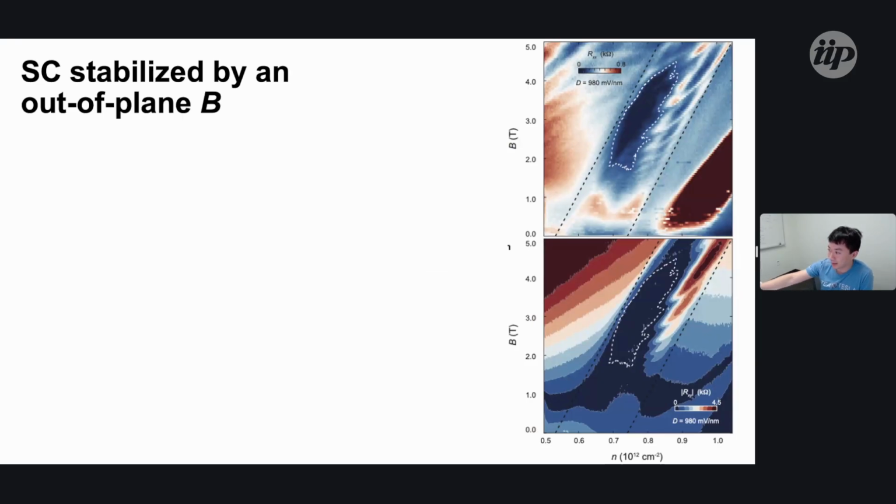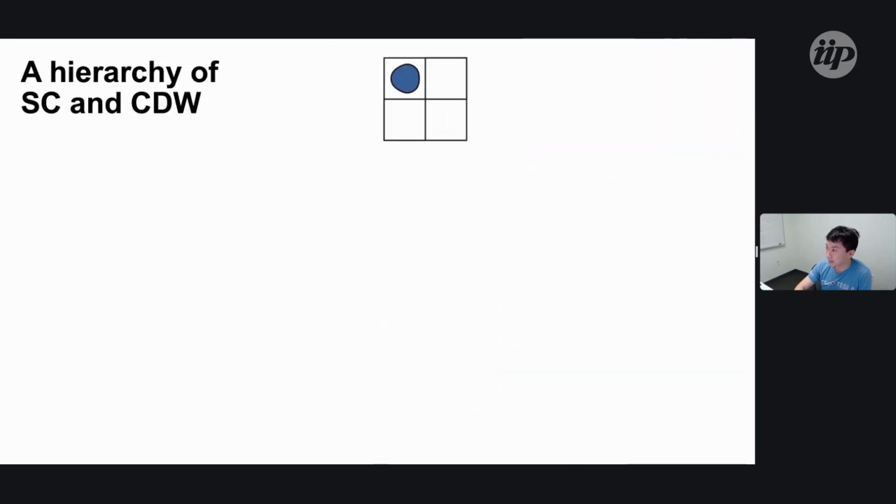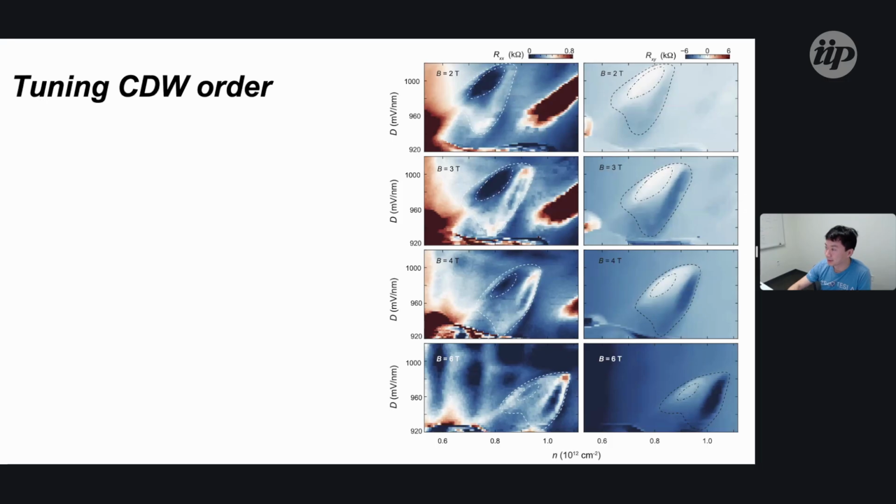So all of these maps, I'm showing you a constant displacement field map, right? And I think the question you're asking is this: at different magnetic field, this is the nD sweep at a constant B, and the white dashed line is showing the regime of this bubble phase. You can see that it shifts when you change the out-of-plane magnetic field.